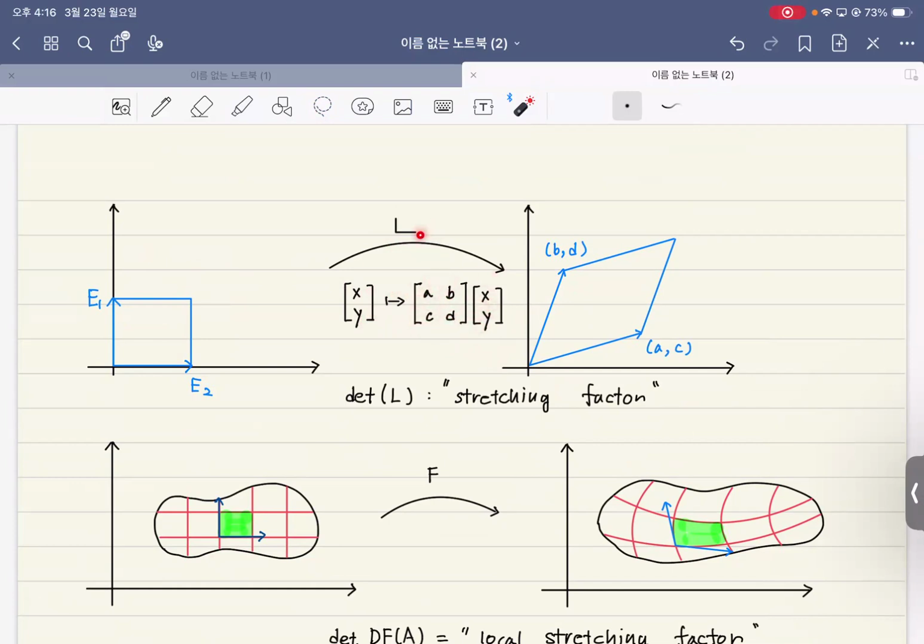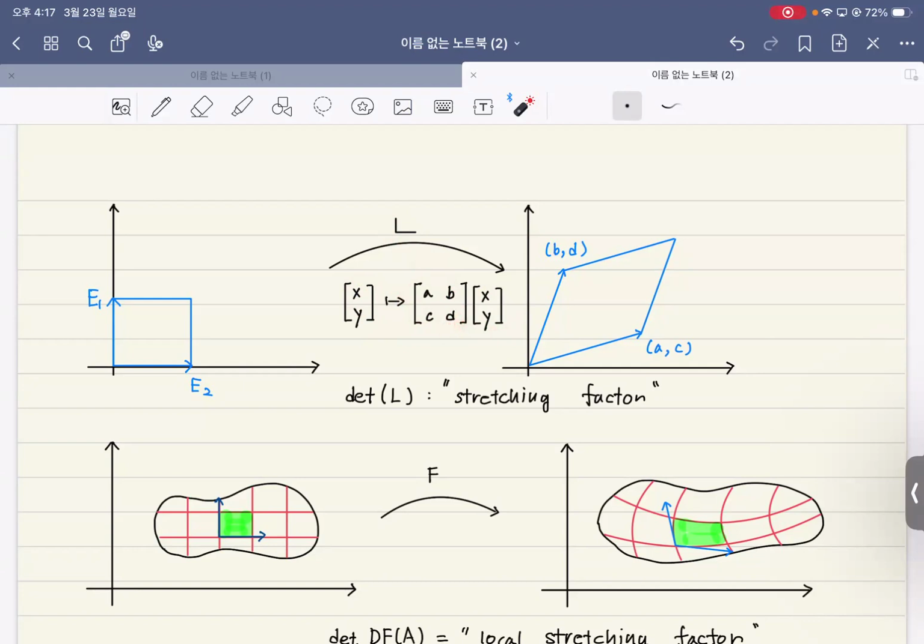In other words, this linear function is represented by this 2x2 matrix, and the point x is being mapped to a times x plus b times y, and y is being mapped to c times x plus d times y. Suppose that you have such a function. Then what is the geometric meaning of the determinant of this matrix?